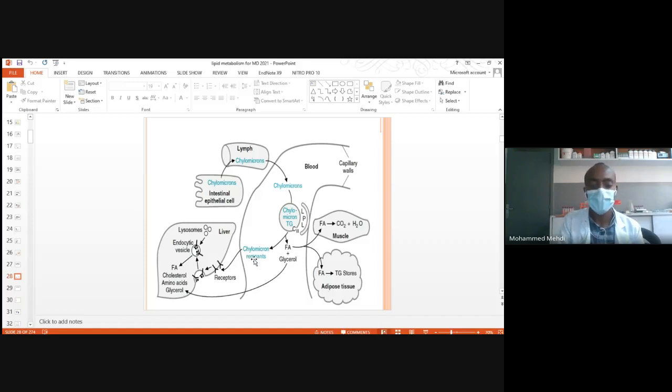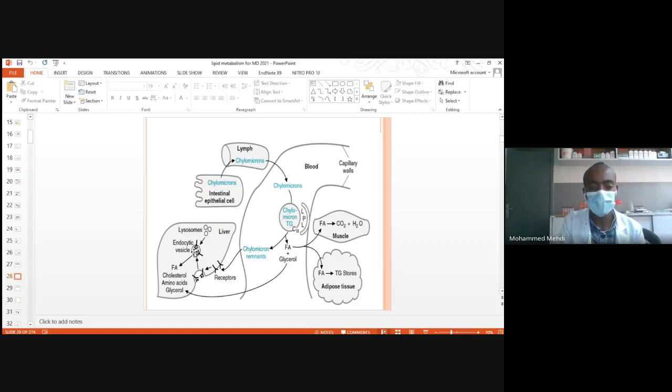The remnant chylomicron will be taken up by the liver using this receptor. The receptor recognizes ApoE in the chylomicron and takes it into the liver cell. We'll have hydrolysis in the liver. The lysosome, as you know, is a hydrolytic or suicidal bag. It has hydrolytic enzymes.